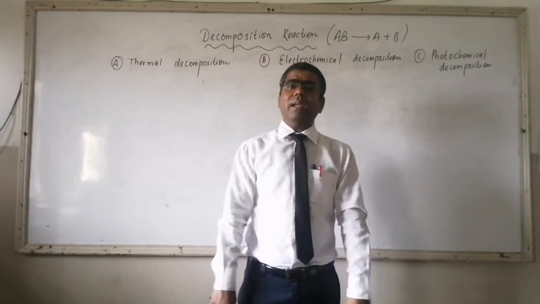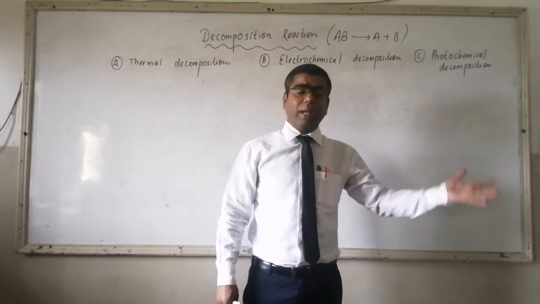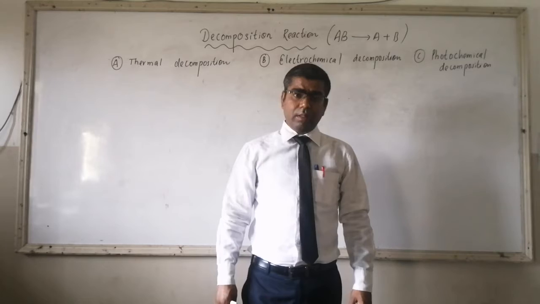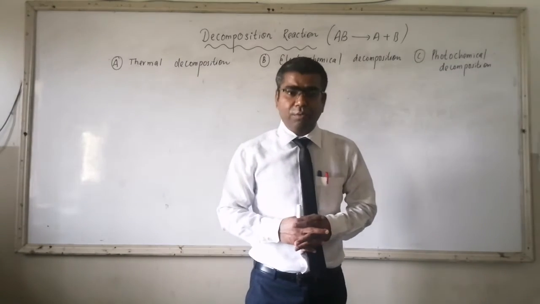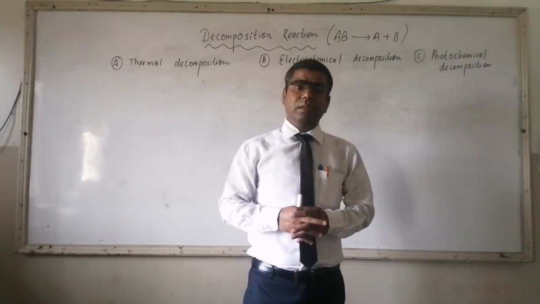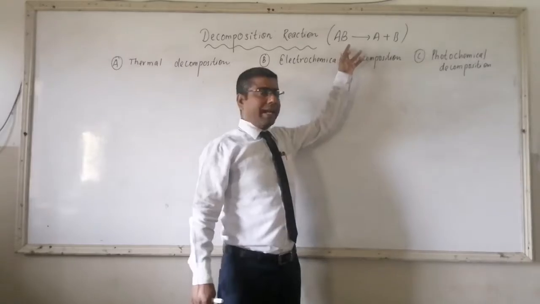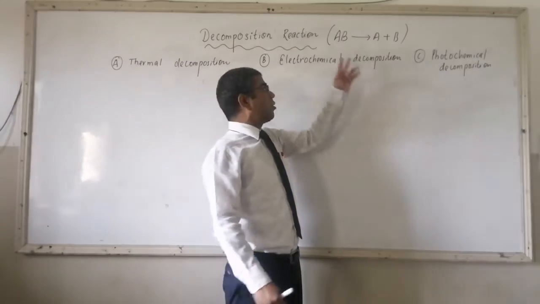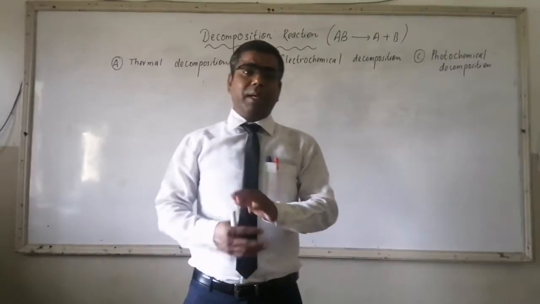The general representation can be written as AB gets converted to A plus B. AB is your single reactant, A plus B is your two products obtained after the chemical reaction.